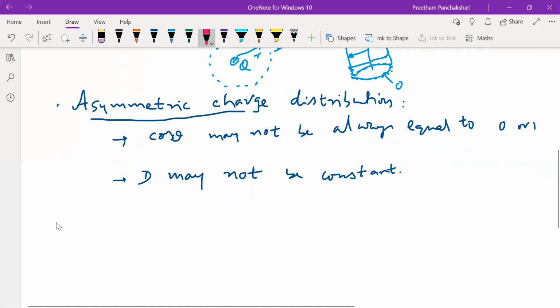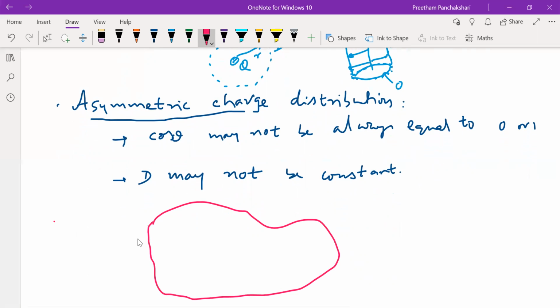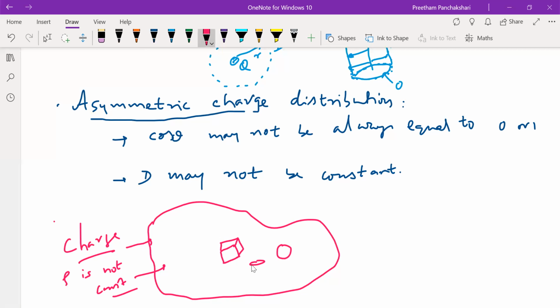What we do here, if there is asymmetric charge distribution in the space, where the charge density rho is not constant everywhere, then what is advisable is to choose a smaller Gaussian surface of any shape, rectangular or spherical or cylindrical, whatever the shape it is.